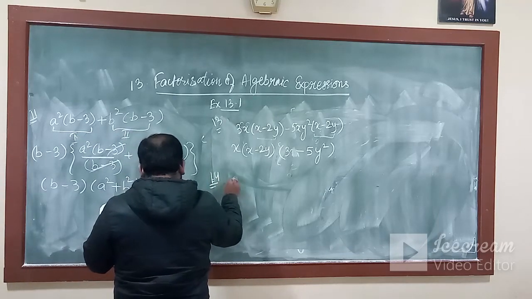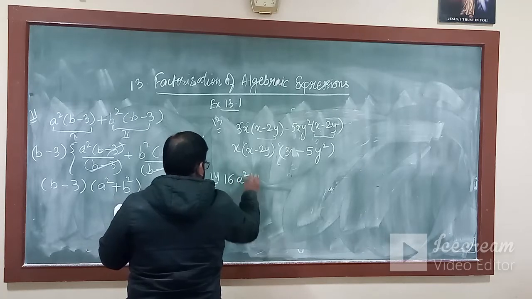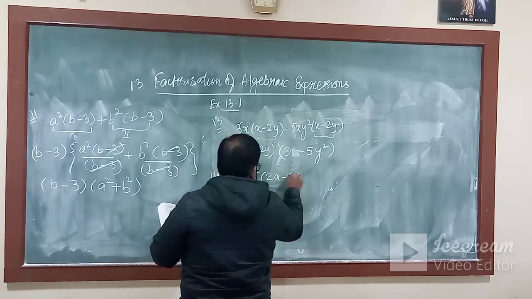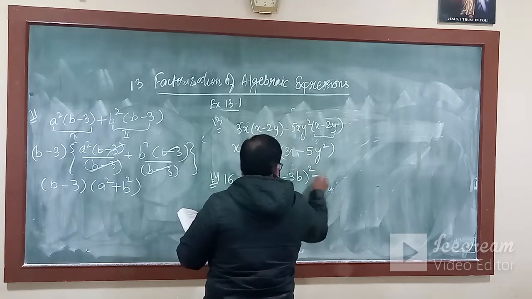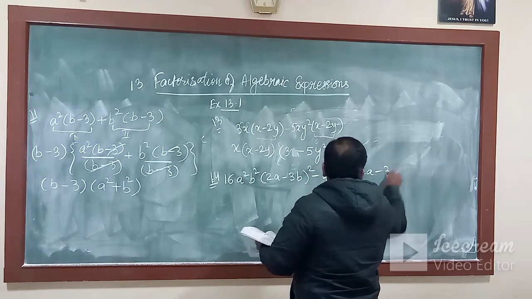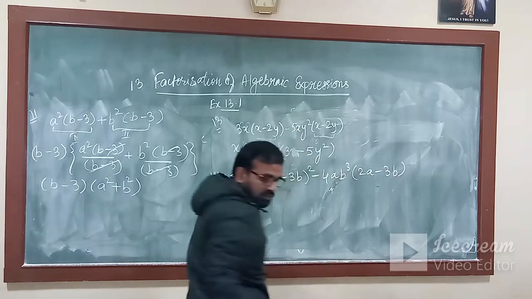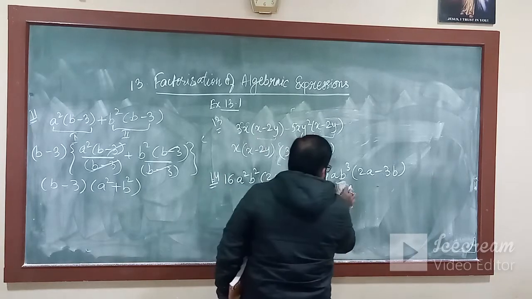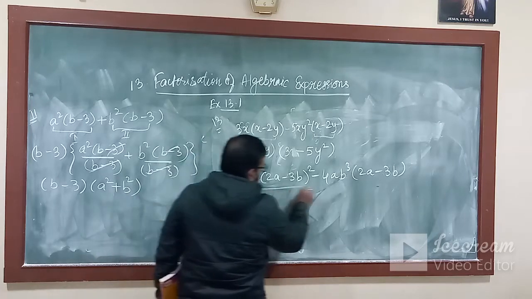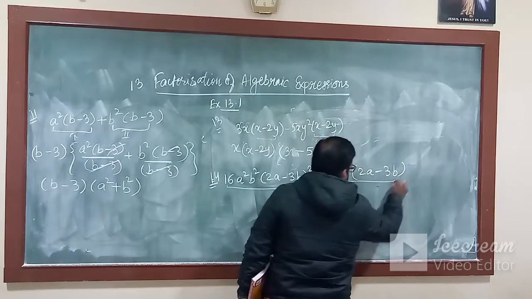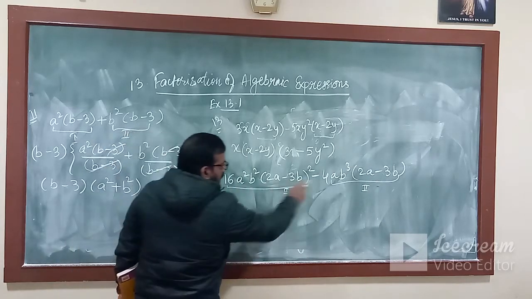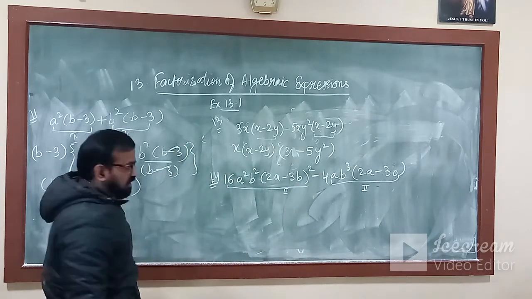Now suppose it is like this: 16a square b square (2a minus 3b) whole square minus 4ab cube (2a minus 3b). Okay, suppose this is written. Now if we again see very carefully, this is one term and this is another term. So 16 and 4, what will be the HCF?